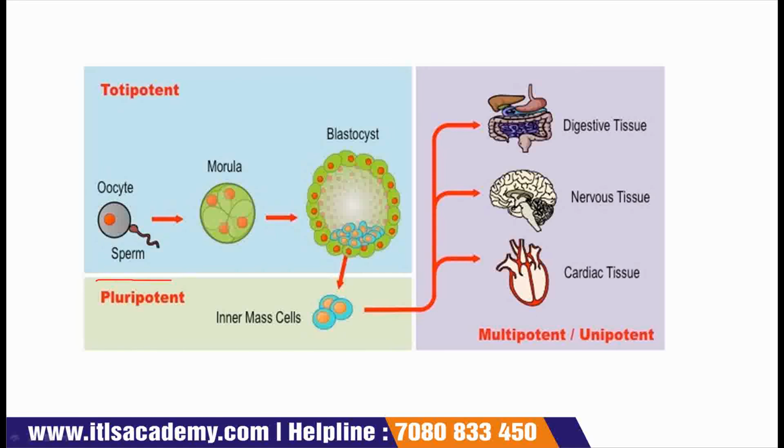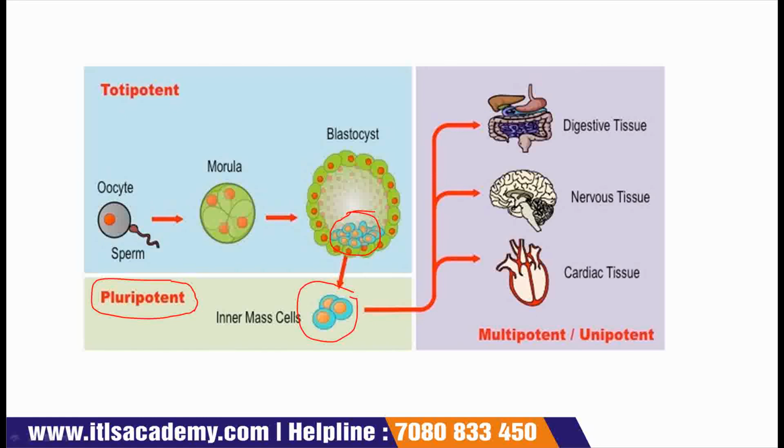Next come pluripotent cells. The example for a pluripotent cell is the inner cell mass. This inner cell mass is derived from the blastocyst stage. It is capable of giving rise to many kinds of cells.